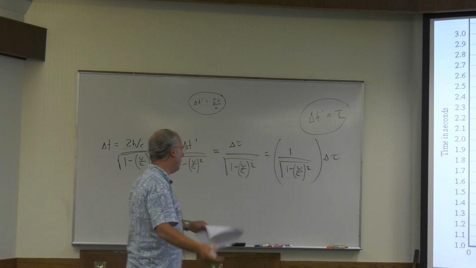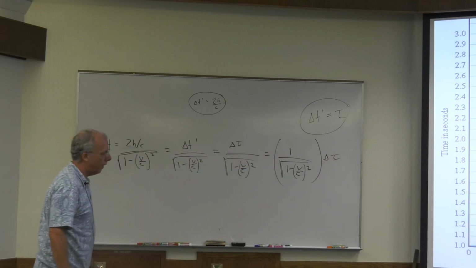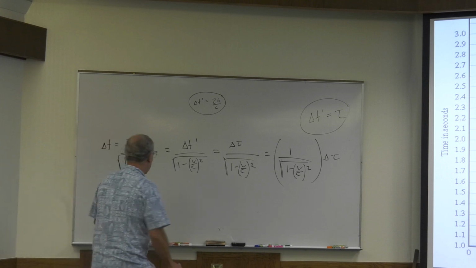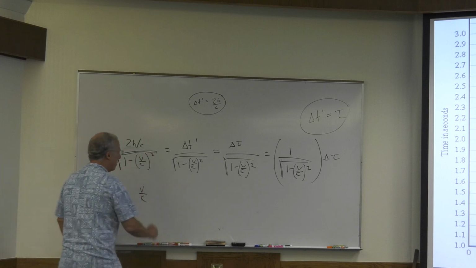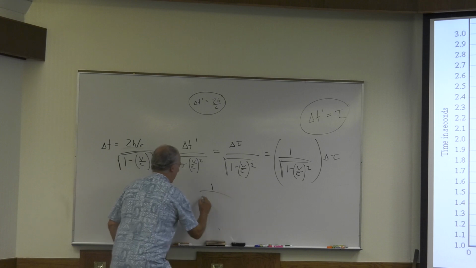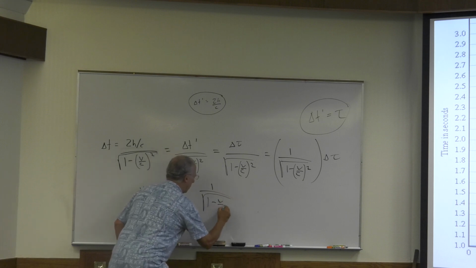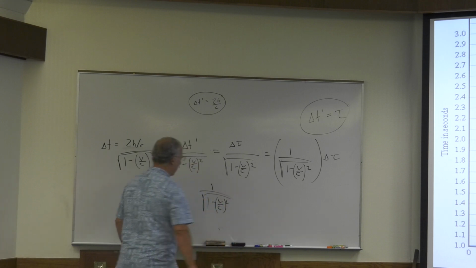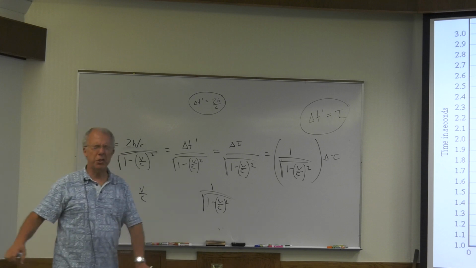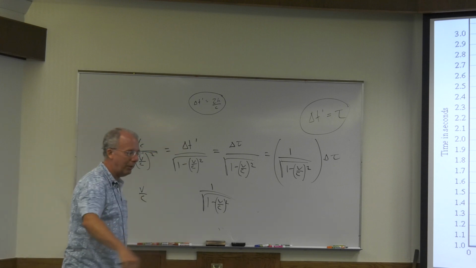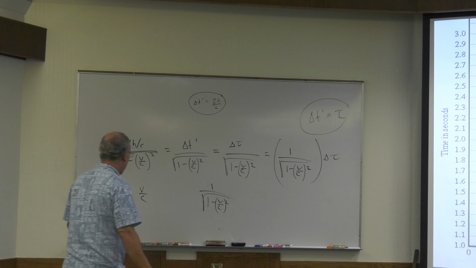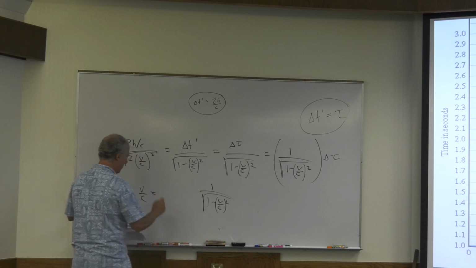If you do relativity for any length of time, you get sick and tired of writing v over c. You also get sick and tired of writing 1 over the square root of 1 minus (v over c) squared. So, since physicists are incredibly lazy, which really means efficient, we come up with easier ways to write this.